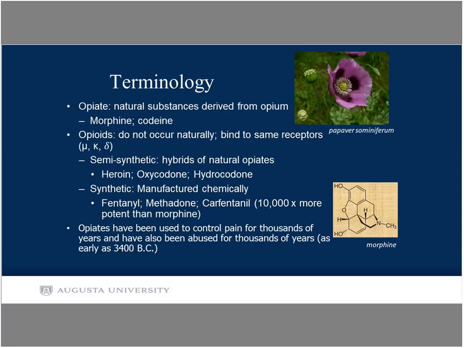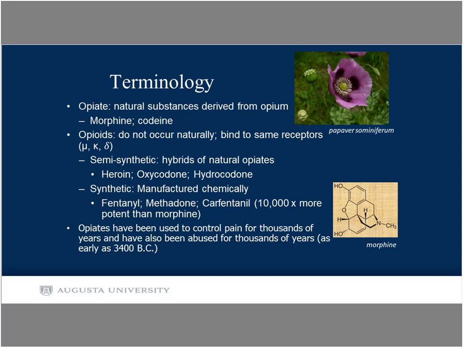So first, terminology. The word opiate refers to natural substances that are derived from opium, for example, morphine and codeine. The word opioids do not occur naturally, but bind to the same receptors that opiates bind to.